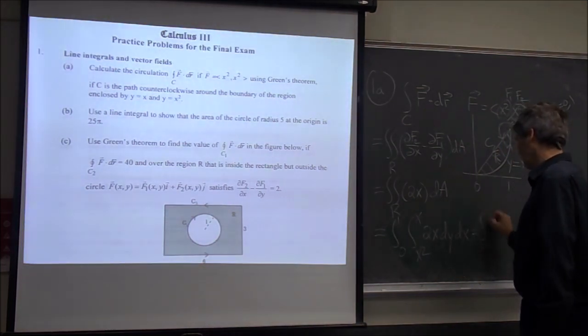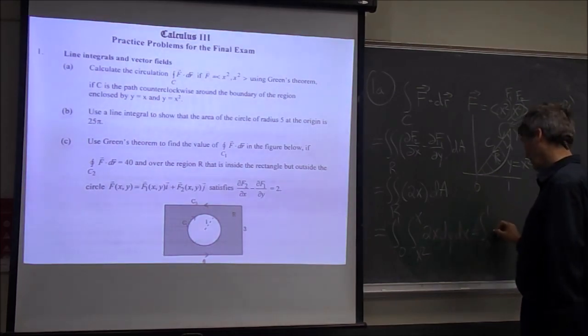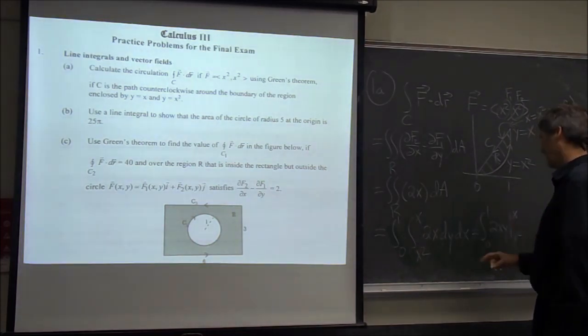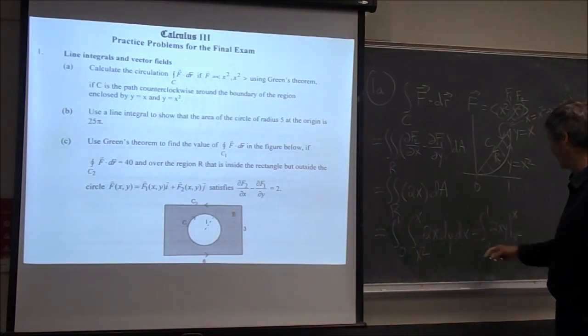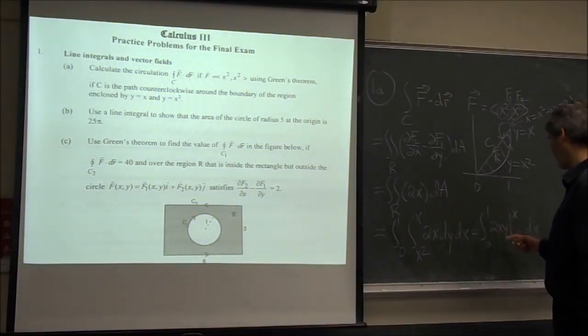Well, this is the integral from 0 to 1, not x squared, I'm sorry, 2xy evaluated at x squared and x. All right, I'm integrating with respect to y, treating x as a constant. And so I put in x and I get 2x squared. I put in x squared and I get 2x cubed.